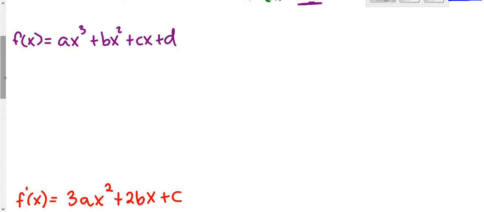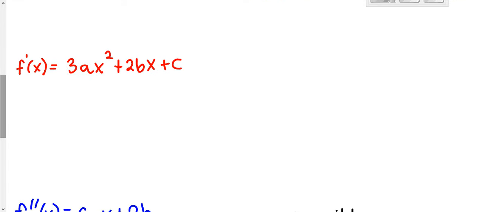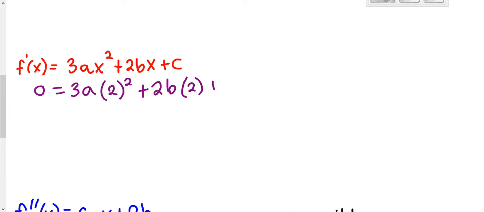We're going to go to my derivative. I'm going to set it equal to 0 and plug in 2 for x. Plus 2b, instead of x, I'm plugging in 2, plus c.